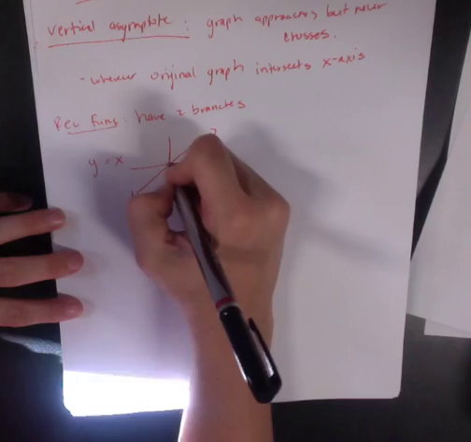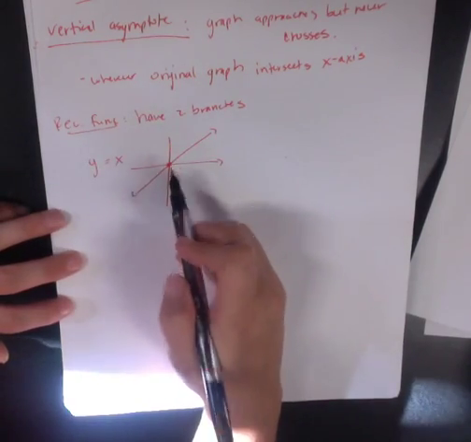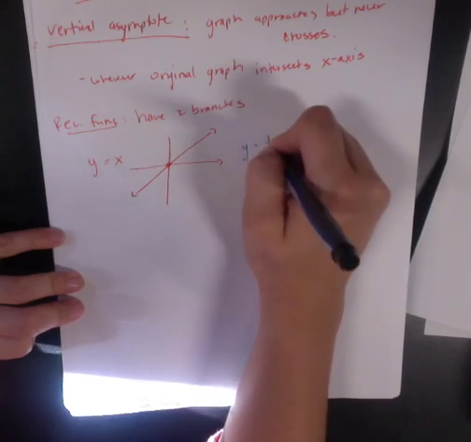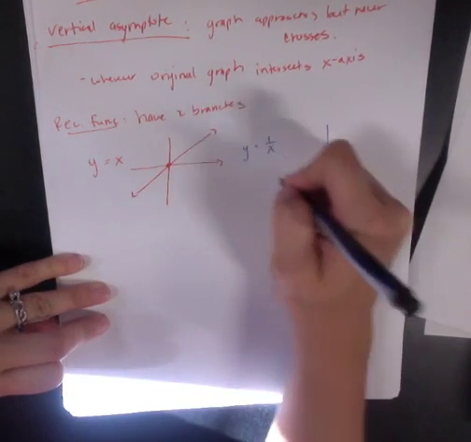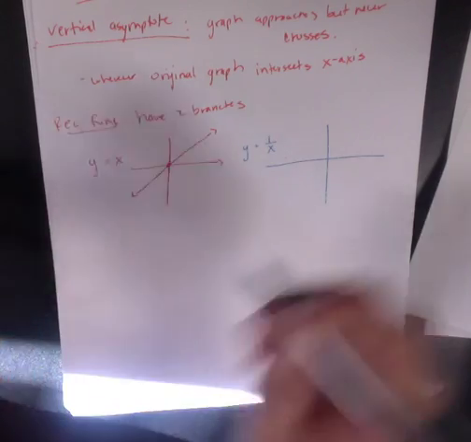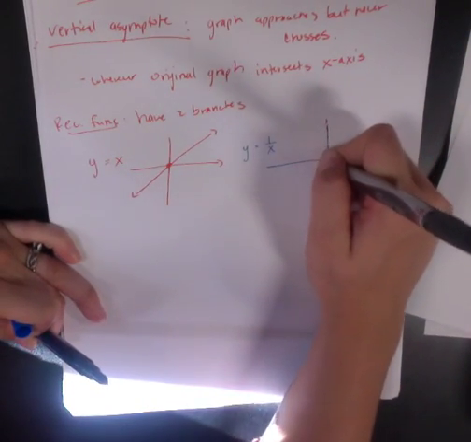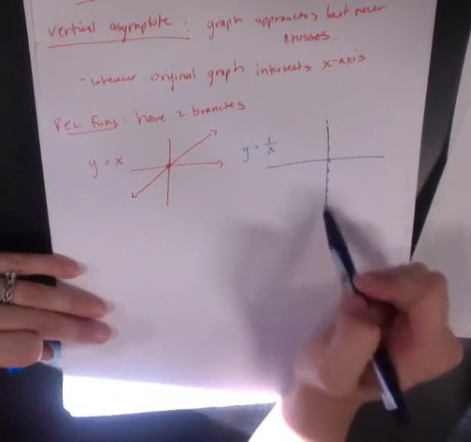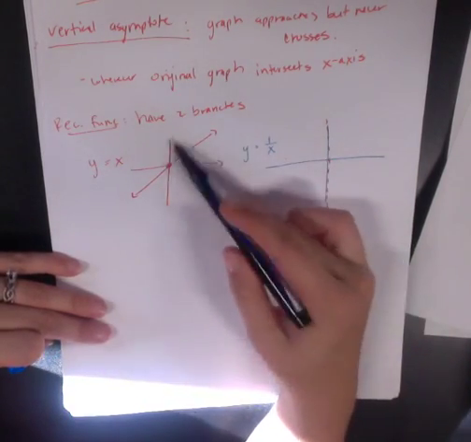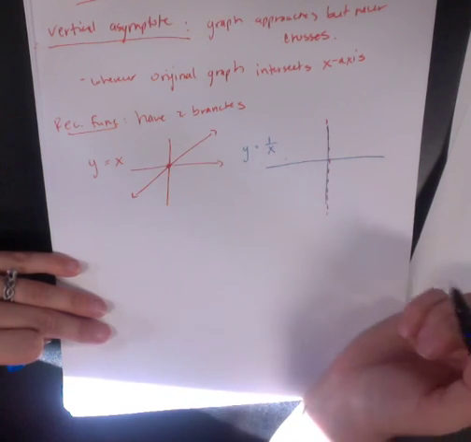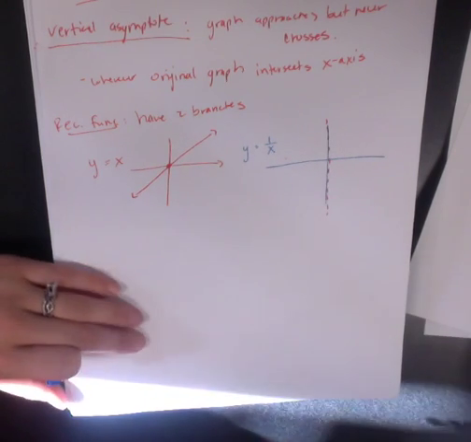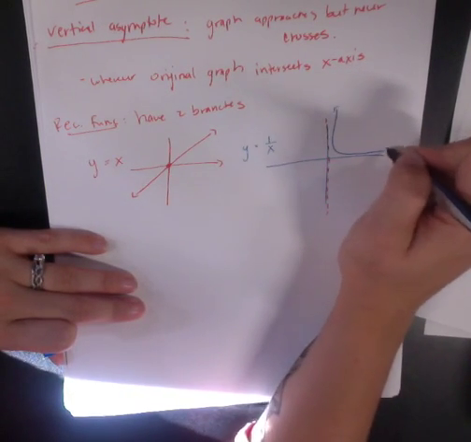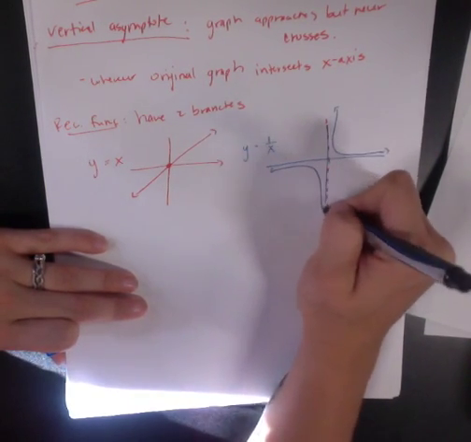Now, if we notice, it intersects the x-axis at 0, 0. So, in my reciprocal function, y equals 1 over x, I have an asymptote, which is denoted by this dotted line, on where we have x equals 0, right? Because that's where we intersect the x-axis. Now, I create two branches that are going to look like this and like this.